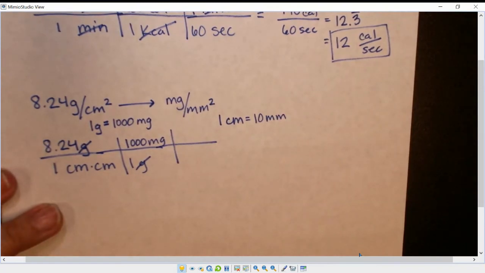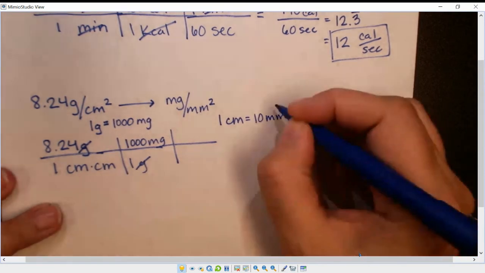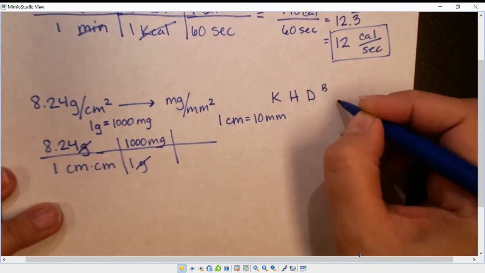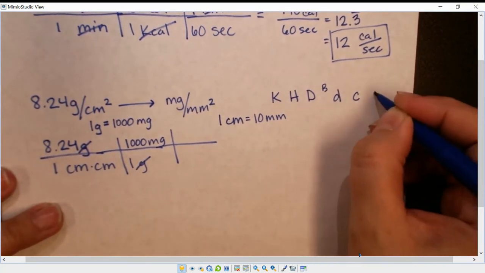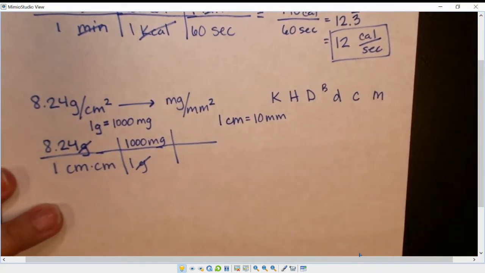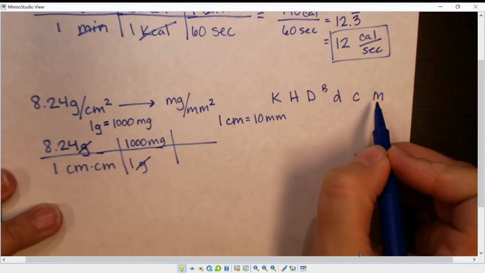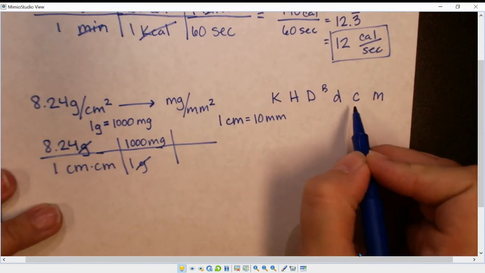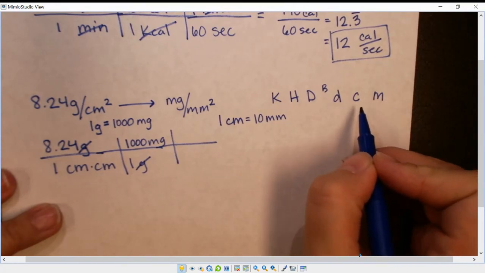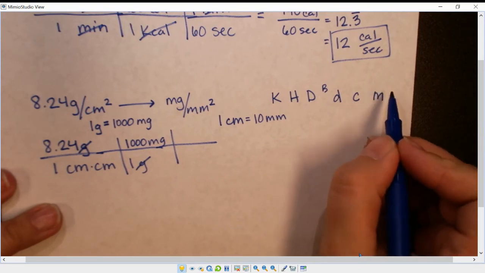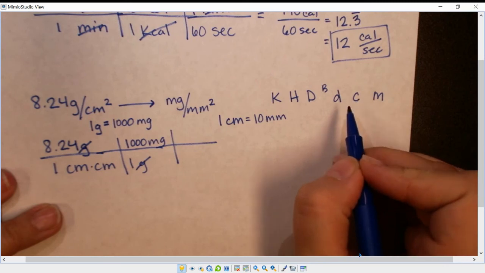You guys need a refresher on the metric system. Kiss her daily because divorce cost money. So each exchange here is by 10. Going from centi to milli, milli divides a centi by 10.